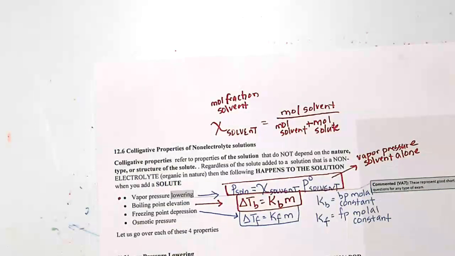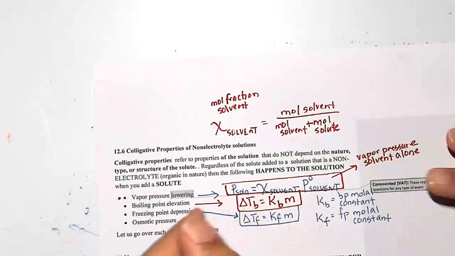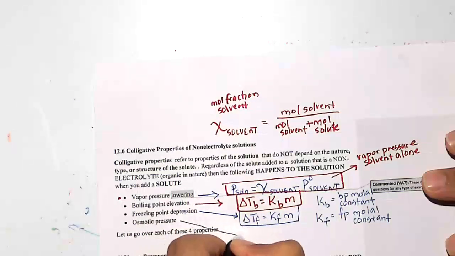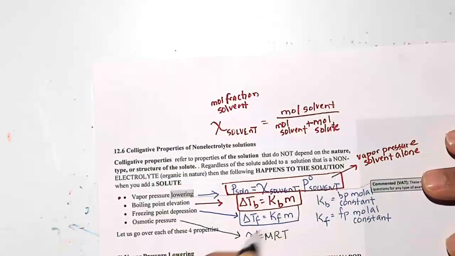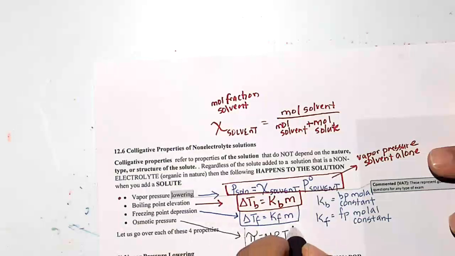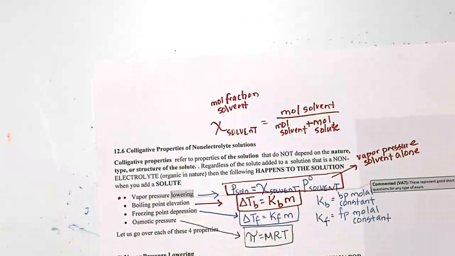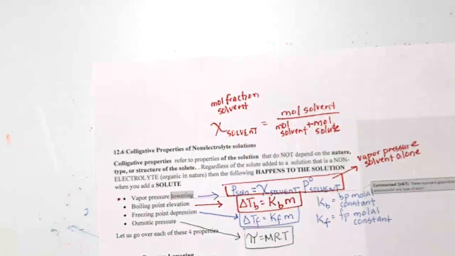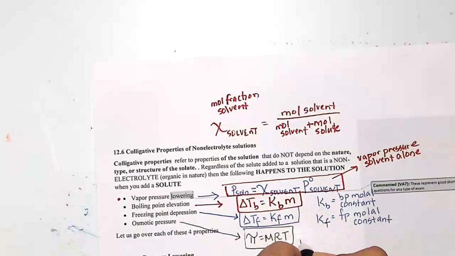And then for osmotic pressure, osmotic pressure is pi, and this is molarity times R, which is the gas constant, times T. So these are the 4 equations for each of the 4 colligative properties. I'll give you them along with the constants. Here R is the gas constant, and I'll give you that constant.